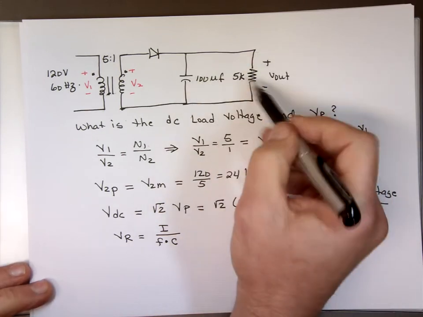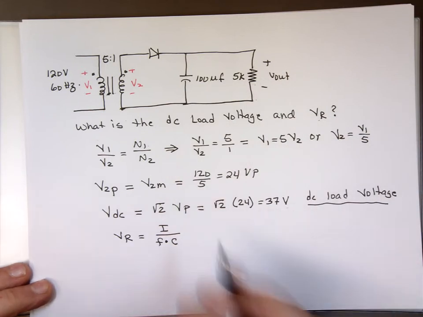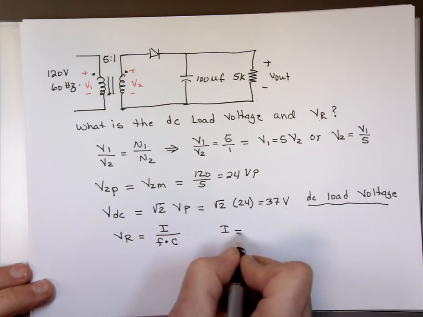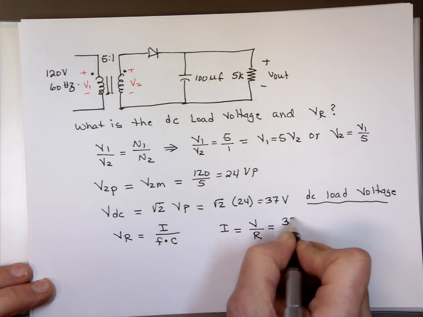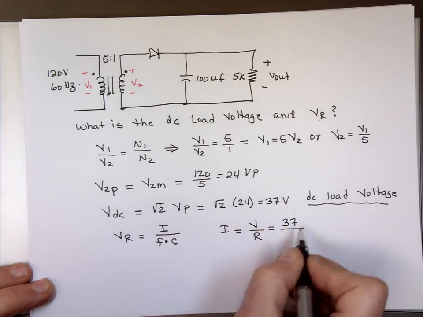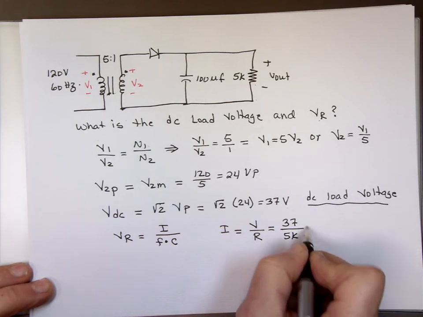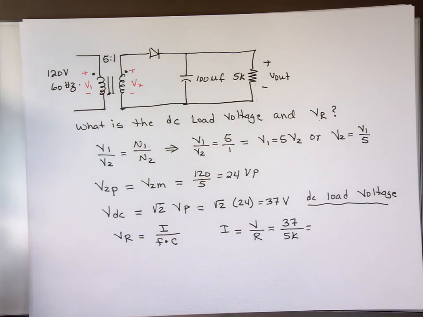I know the voltage here is 37. So I equals voltage divided by the resistor. What's the voltage? 37. What's the resistor? 5K. So what's 37 divided by 5K? I'm using 33.6, but divided by 5K, it's roughly 6.7, but if I use 37, then 37 divided by 5 is 7.4.